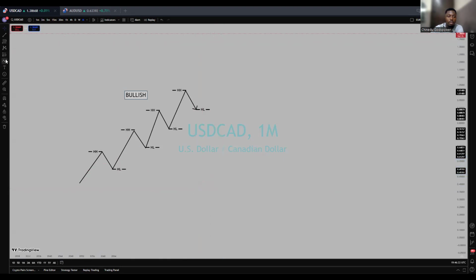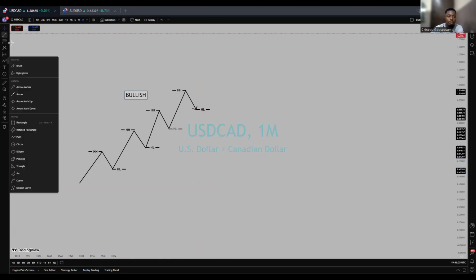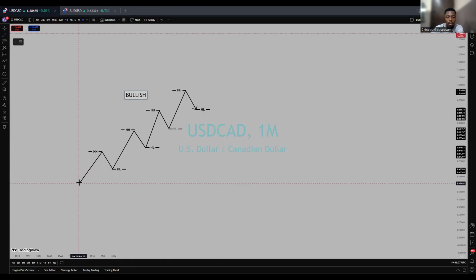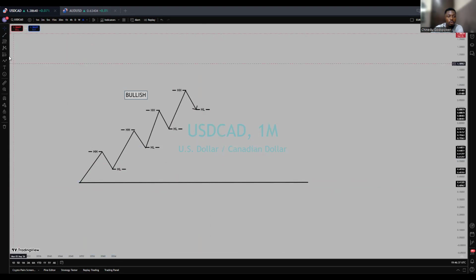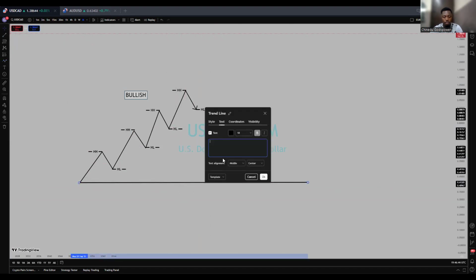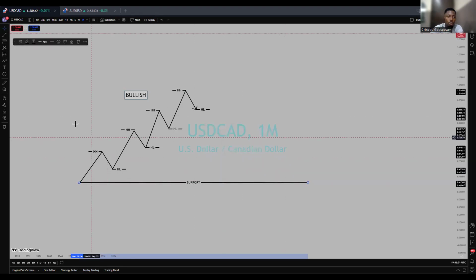But let me use a better analogy. Price is coming from a level of support, and price starts to create a bullish swing.